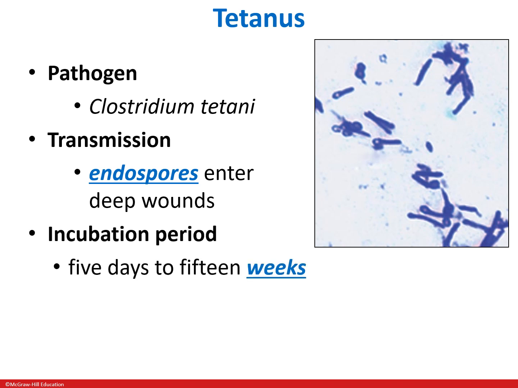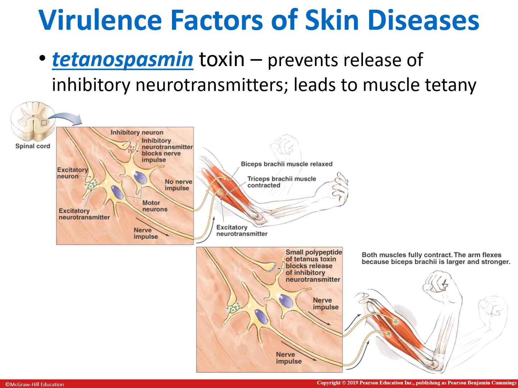So this one tends to have a fairly long incubation period. So it can be weeks from when you had exposure to the endospore soil getting into the wound and when the bacteria actually start growing. So botulinum toxin, if you recall, removed the ability to stimulate a muscle. Tetanospasmin toxin works a little bit differently.